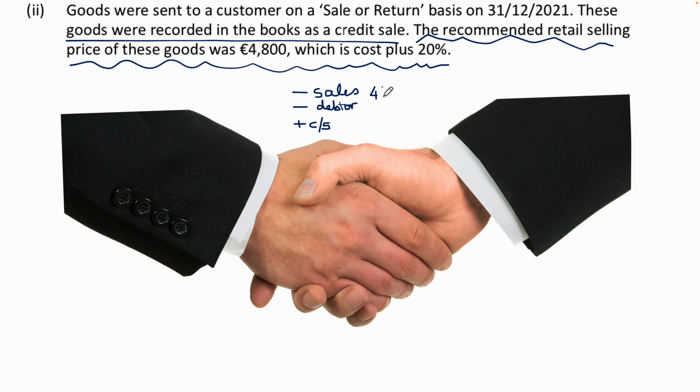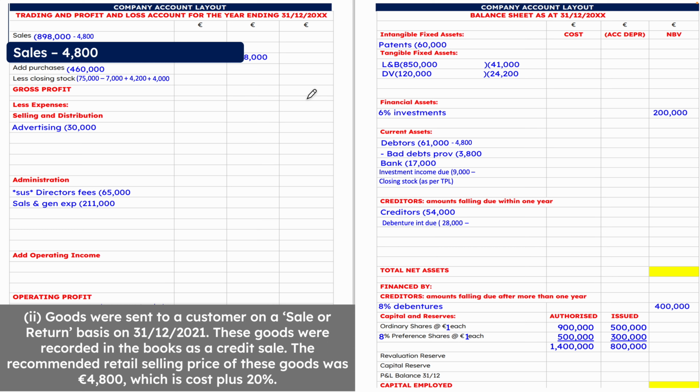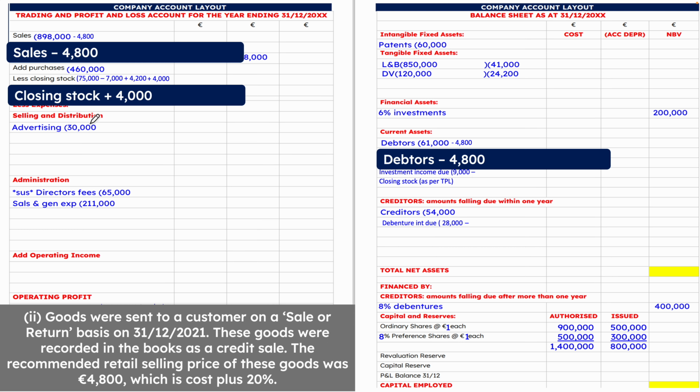So that's the sales and that's the debtors. Okay. But then we need to find, right, well, what was the cost price to us then? Okay. So we would divide the 4,800 by 120, multiply it by 100, and then we'll see what we're going to get here. So sales minus 4,800, debtors minus 4,800, and we'll add 4,000 back to the closing stock.